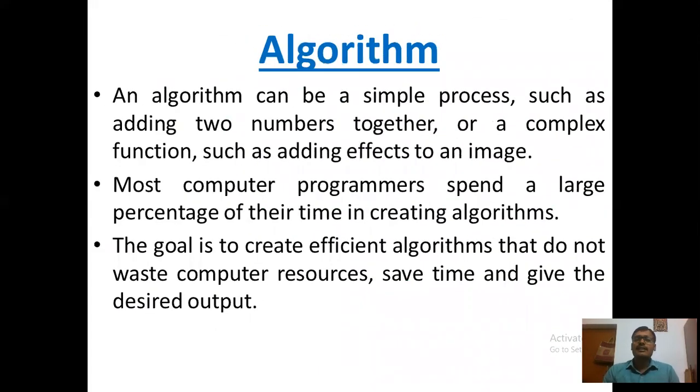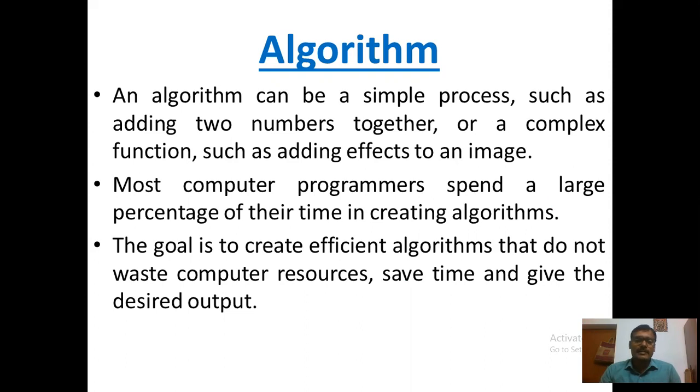an algorithm can be a simple process such as adding two numbers together, or it can be a complex problem, such as adding effects to an image. Second point, most computer programmers spend a large percentage of time creating algorithms. Why?